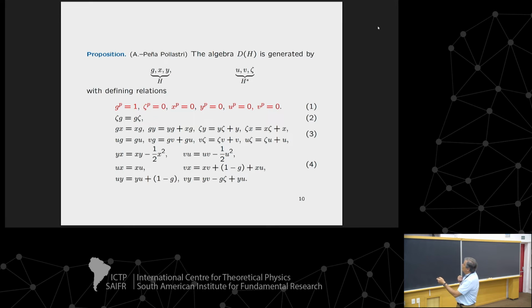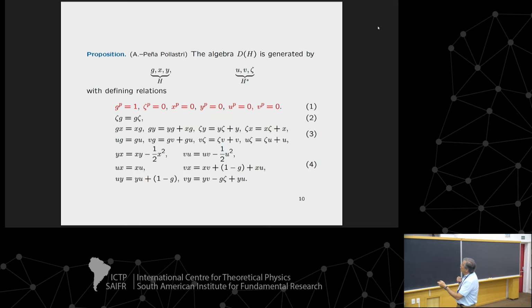These relations, which are in red, are those that ensure that we have finite dimension. Zeta here is not a group-like anymore, but it's primitive. This is the difference with the usual constructions.